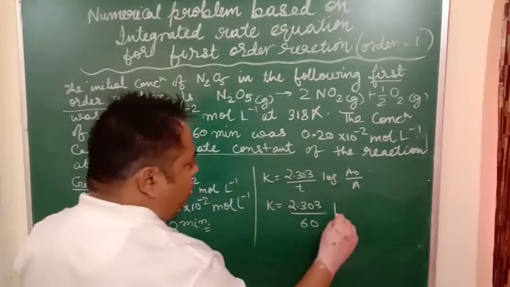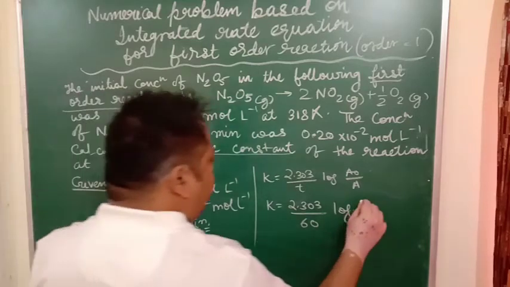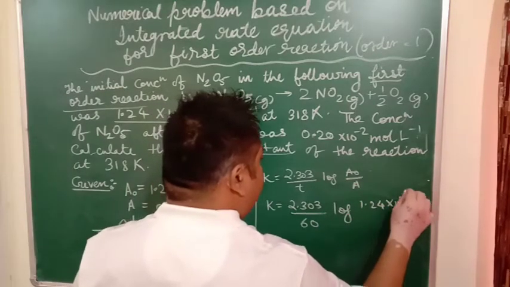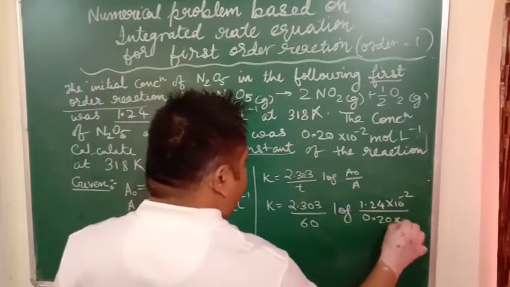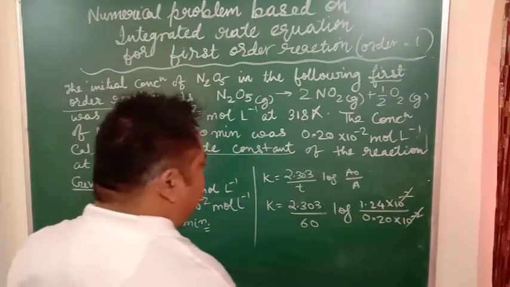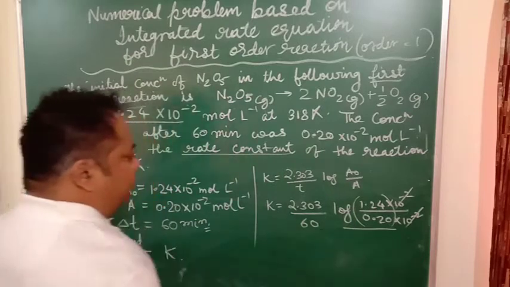So the log value of this will be initial 1.24 × 10^-2 by 0.20 × 10^-2. This gets cancelled, and whatever value you will get, you can get from the log table.